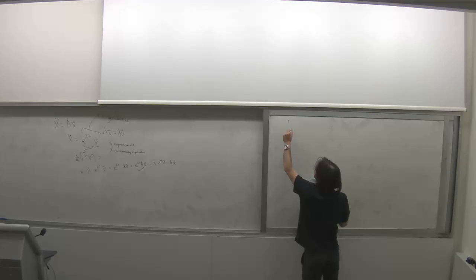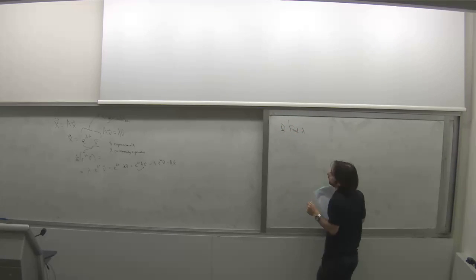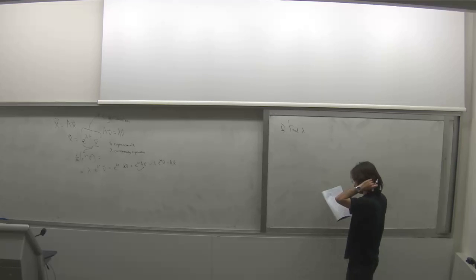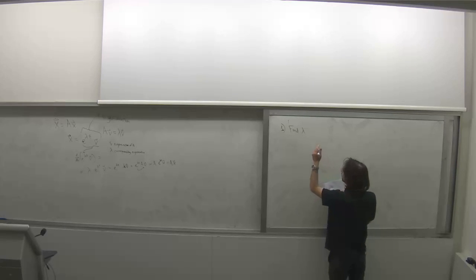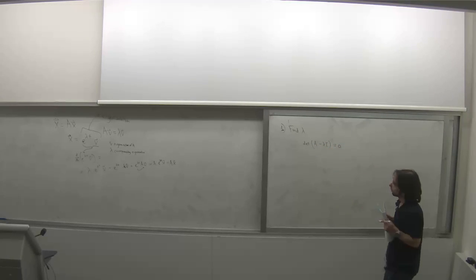So first we are going to find lambda. That's the more simple task. And we'll solve the characteristic equation, right?